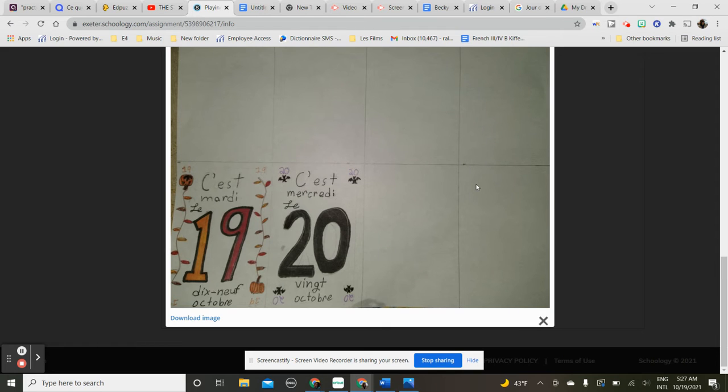So each card is going to be, you're going to pick months, and between the two of you, you have to have every day of a month represented. So each card has to be a different day of a month, but you're not making like 31 October cards.